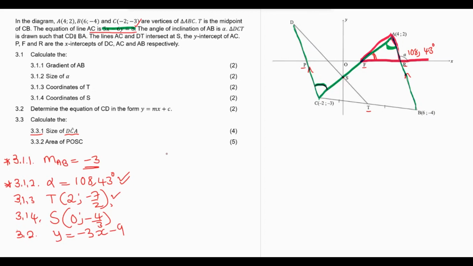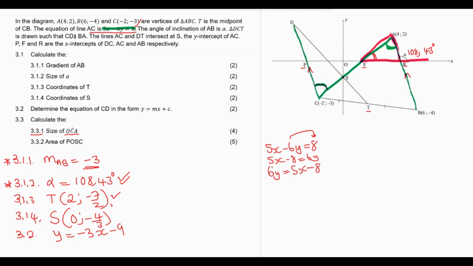The equation of AC is 5x minus 6y is equal to 8. We can write this in standard form. Let's bring 6y this side, becomes 5x minus 8 is equal to 6y. Now let's write it like this: 6y is equal to 5x minus 8.